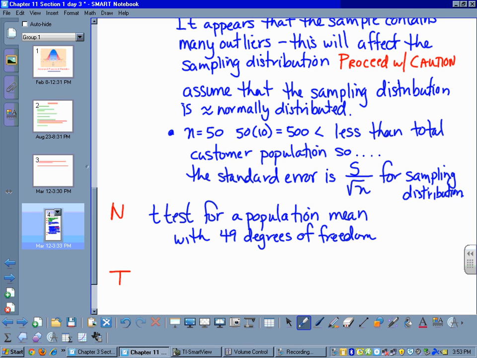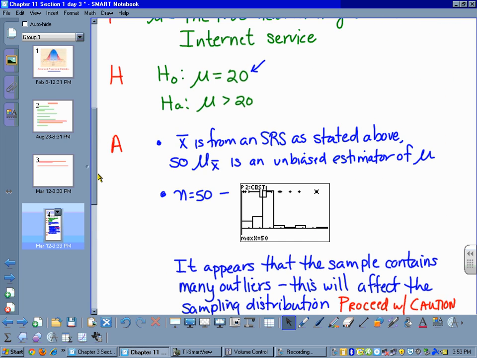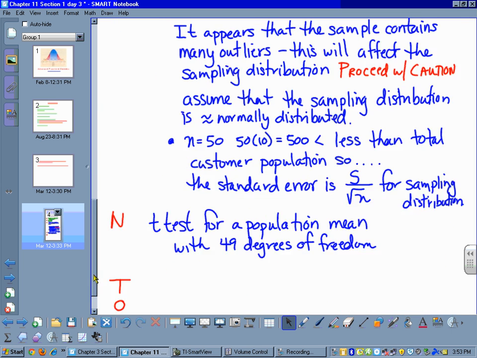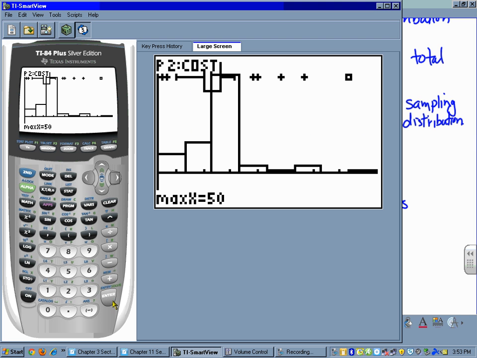Now we have to obtain the test statistic, find the test statistic, and obtain the p-value. So remembering up above that my mean is sampled at 20, I'm going to draw a normal curve with 20 in the center, and I don't exactly know what the standard deviation is. So I'm going to do one variable statistics on my list cost.